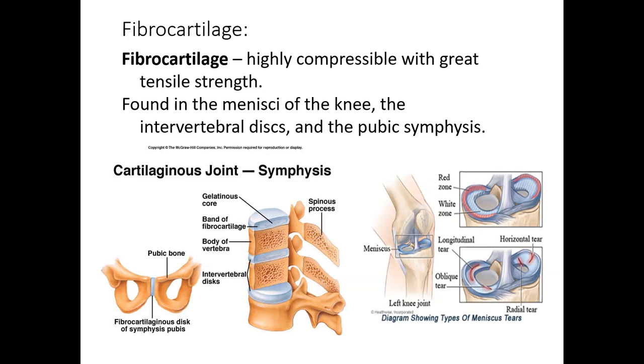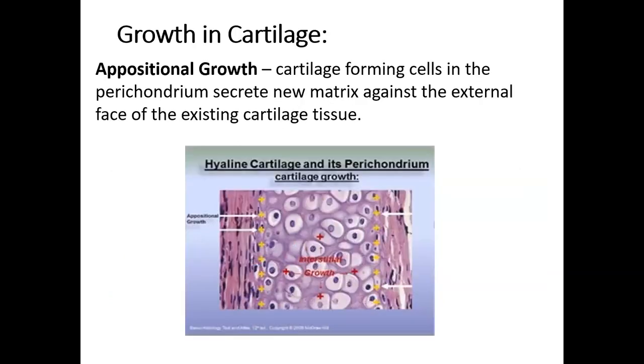All right, number 8. Cartilage can grow in 2 ways. List cartilage growth and provide a description. All right, the first type is going to be appositional growth. The slide states that it's cartilage forming cells in a perichondrium secreting a new matrix against the external face of an internal cartilage.